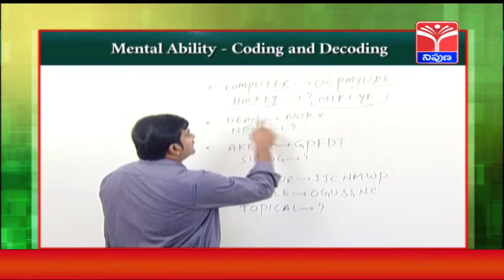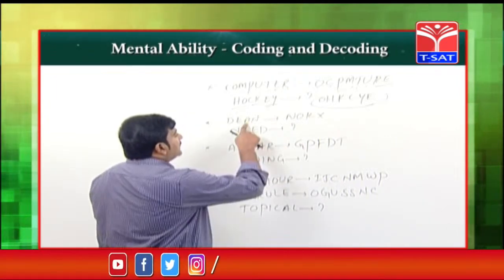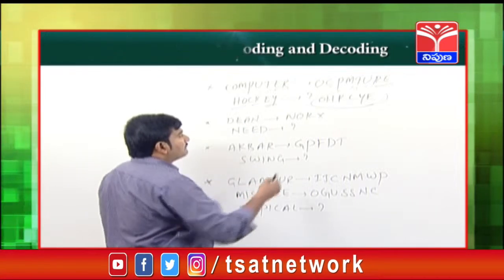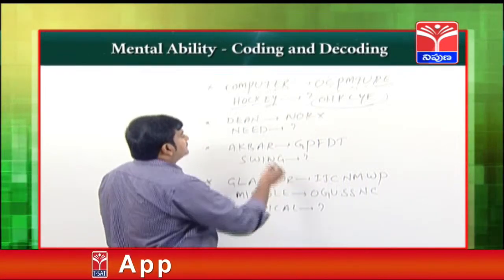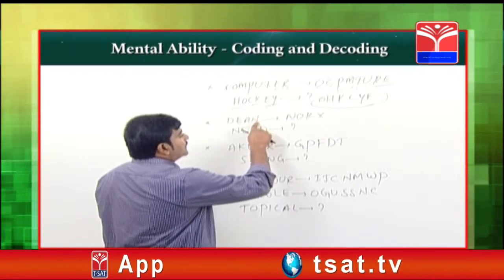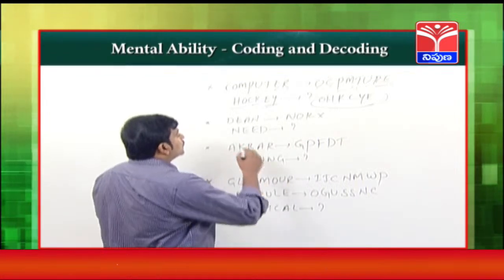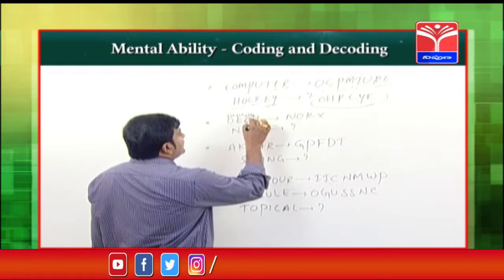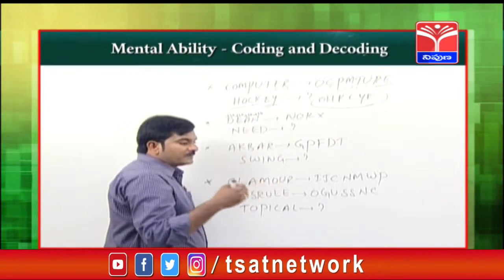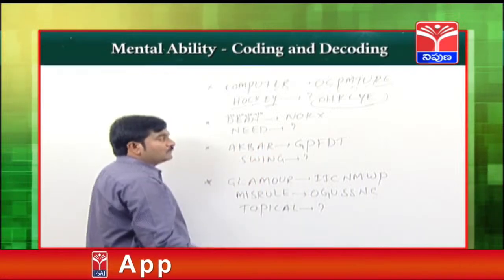E means 5, 5 became 15, 10 added. A means 1, 1 became 11, again added 10. Similarly N means 14, 14 became 24. So to obtain the letters for the word Dean, we simply add plus 10 each time. Hence you get NOKX.